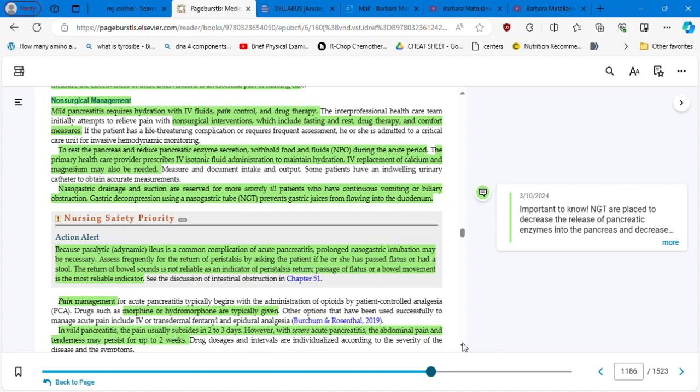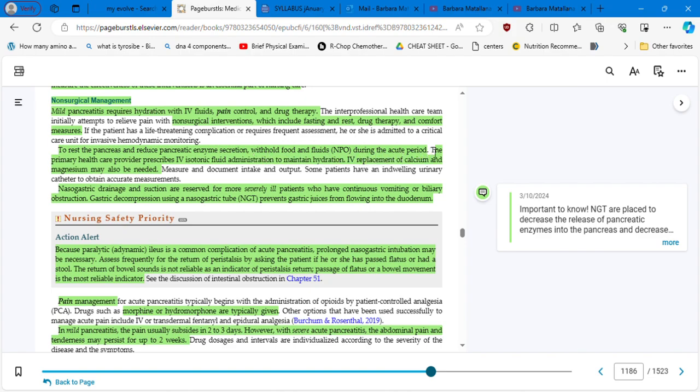Non-surgical management. Mild pancreatitis requires hydration with IV fluids, pain control, and drug therapy. So that's the standard. Non-surgical interventions include fasting and rest, drug therapy, and comfort measures to rest the pancreas and reduce pancreatic enzyme secretion with no food and fluids, NPO, during the acute period.